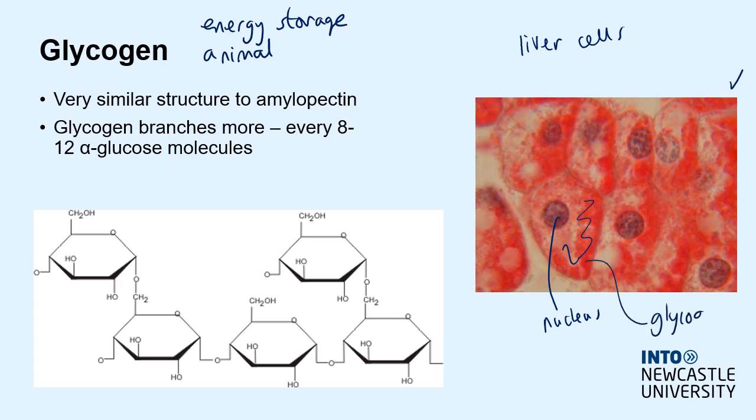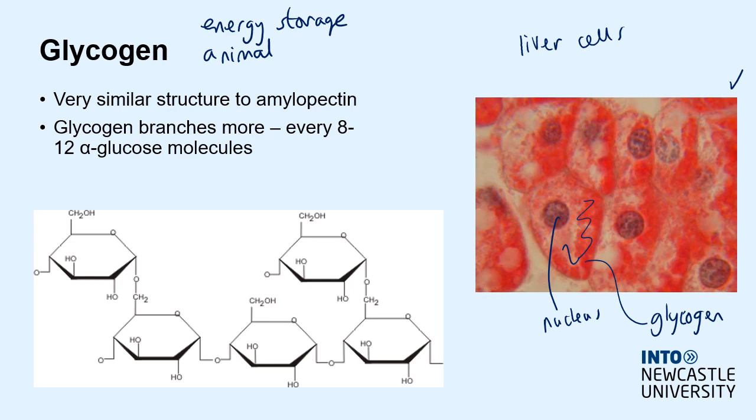Liver cells will store this glycogen, and it means you always have a carbohydrate source. When you need a release of glucose quickly, you can break this glycogen down by hydrolysis, releasing that glucose into your cells so that you can keep respiration going.